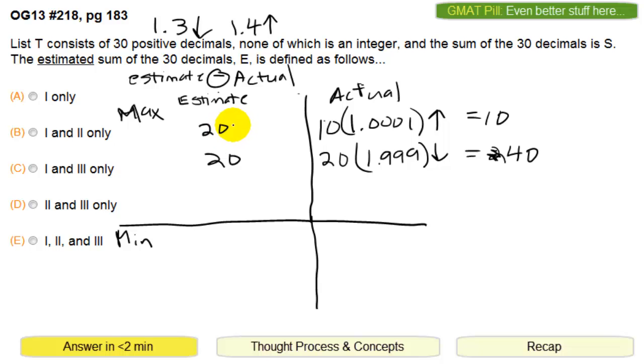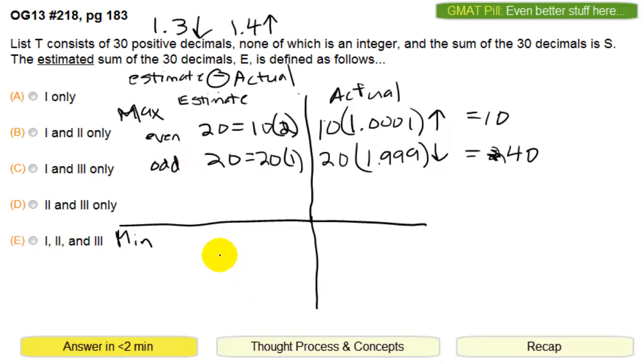This comes from 10 times 2, since it rounds up, and this comes from 20 times 1. Now this is the maximum extreme for even digits in the tenths, and this one's for odd.